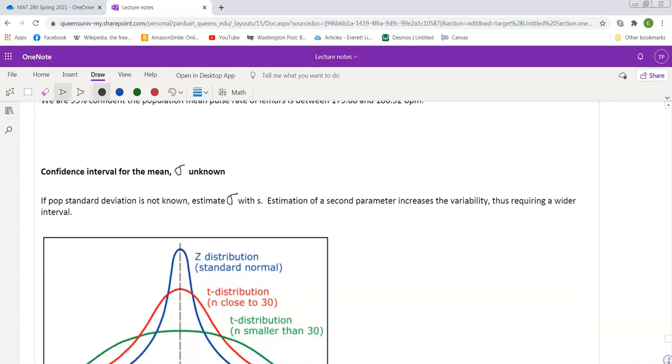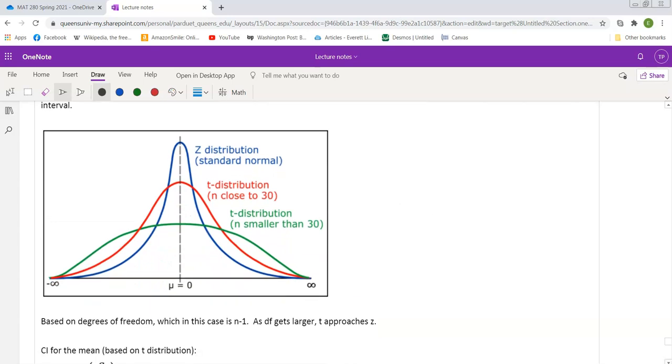So we need a different distribution. So this distribution here in the middle, or this tall one, the blue one, is the Z distribution. That's the one we've been working with. The T distribution is the same shape, except it's wider. So the T distribution is some amount wider than the Z.